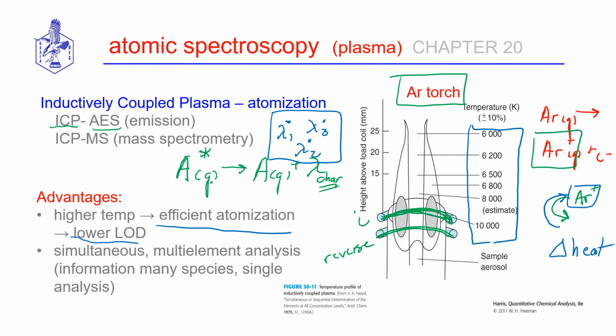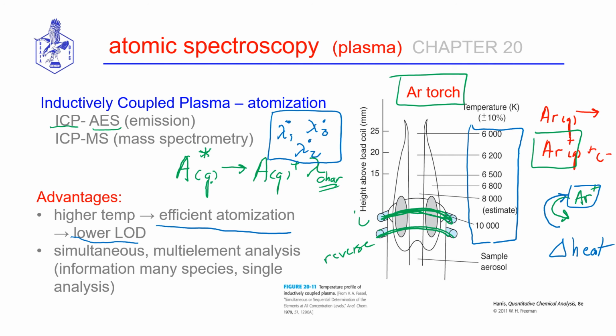We detect the emission from a bunch of different elements all at the same time. So this is very powerful in terms of an analysis time standpoint. We get information on all elements with one analysis.